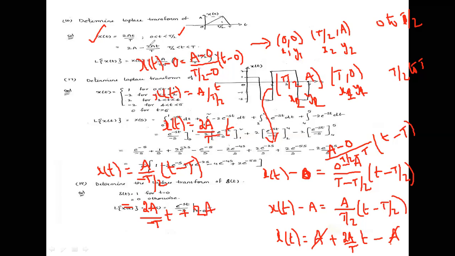We got a minus 2a t by T and this plus 2a. So the range here, the values of quadrants are different. x1, y1 you can take as (T, 0), and x2, y2 is (T by 2, a). So you'll get 2a minus 2a by T into t. Okay, you got the two equations in the range.